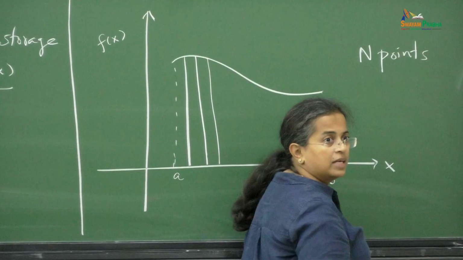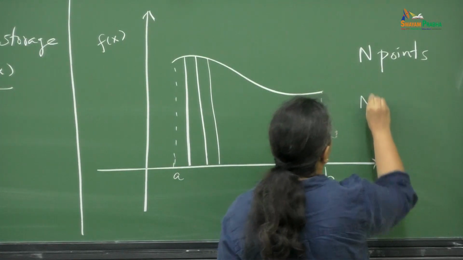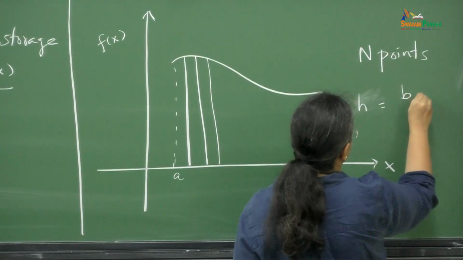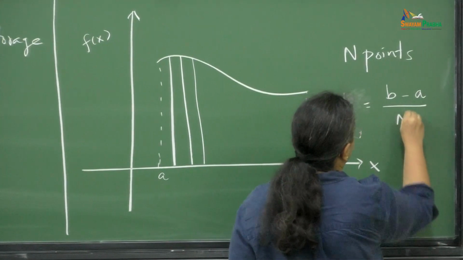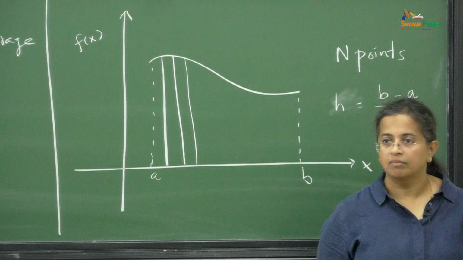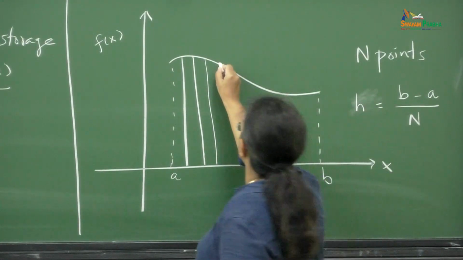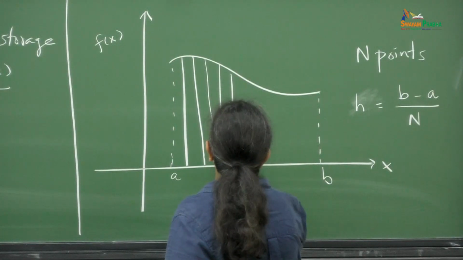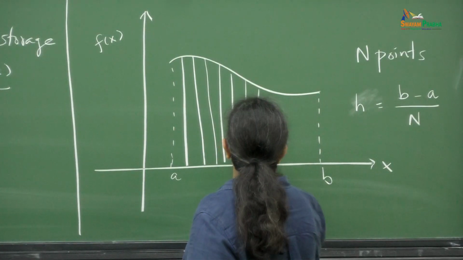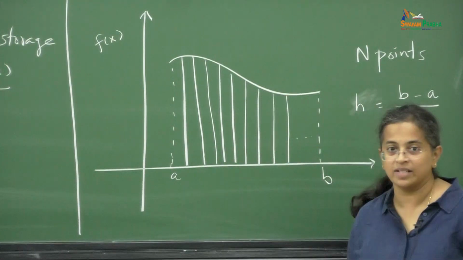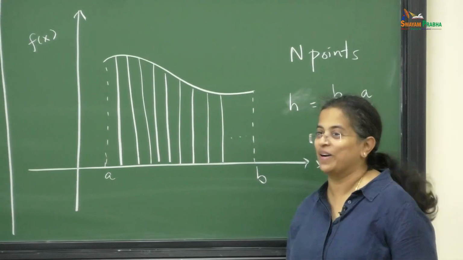When I fix the number of points n, I fix my step size to be b minus a divided by n. Correct? After I do this, I draw these lines. Please let's assume they are all parallel and equal, because on the board my ability to draw is fantastic. So this is what it is.